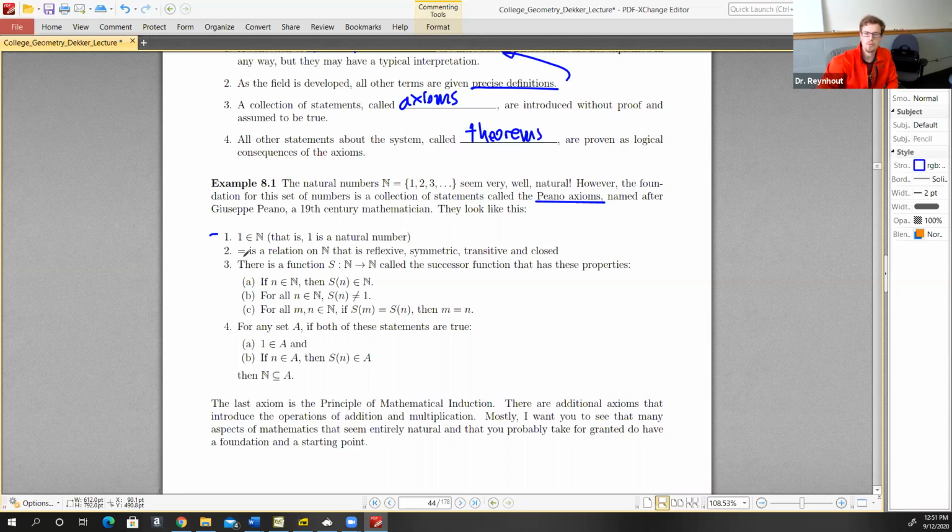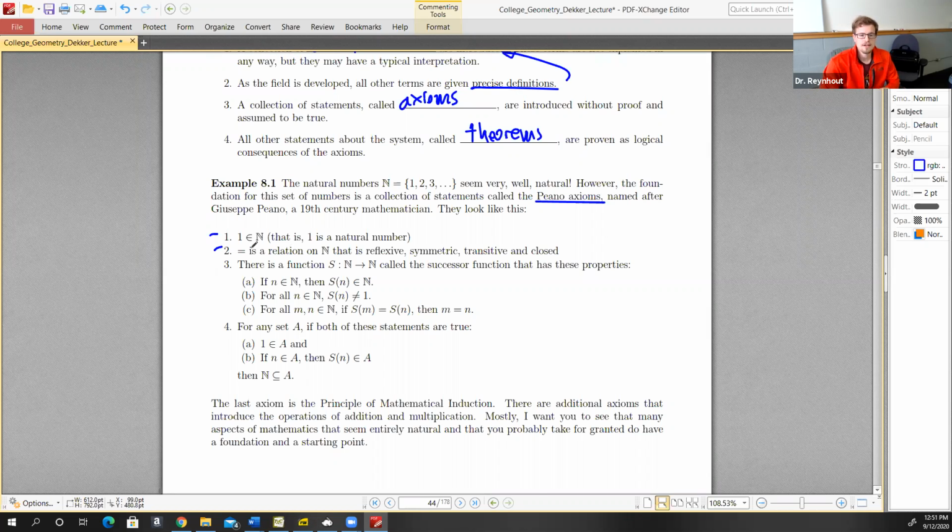The first one, that 1 is a natural number. Okay, cool. Equals is a relation on the natural numbers that is reflexive, symmetric, and transitive. These things we are familiar with. This is a nice addition to what we know about relations, right? The equal sign is an equivalence relation, is what we're looking for here.